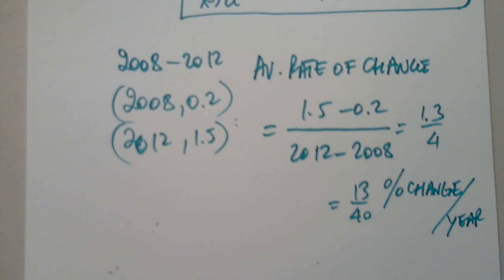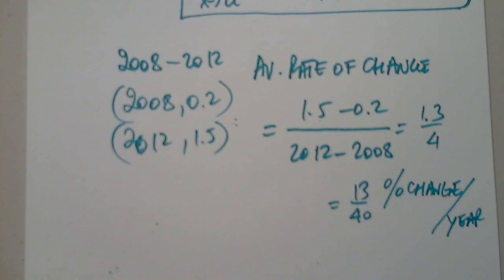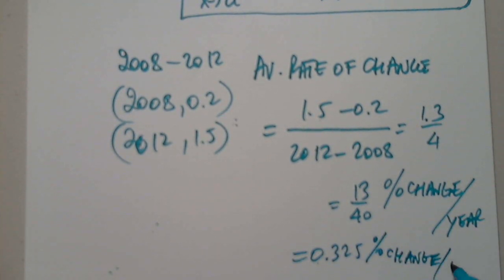And yes, we can calculate an approximation of that. 13 divided by 40, 0.325. So 0.325 percent change per year. That's all we're asked to do. Find the average rate of change, which is the slope of the secant line, if you want.